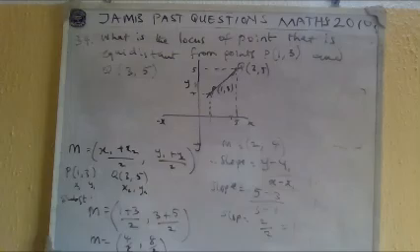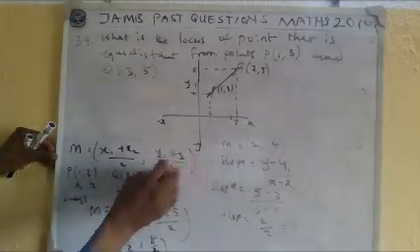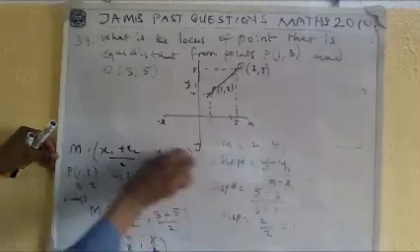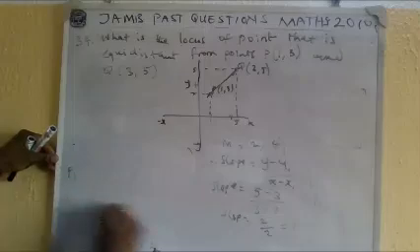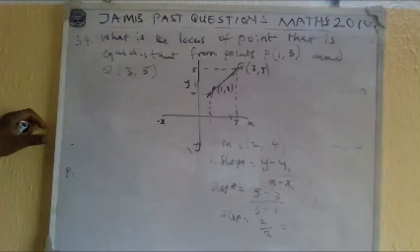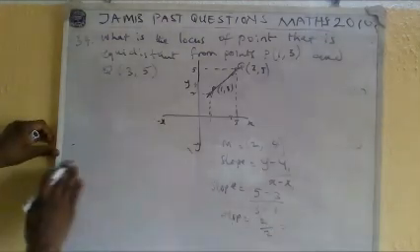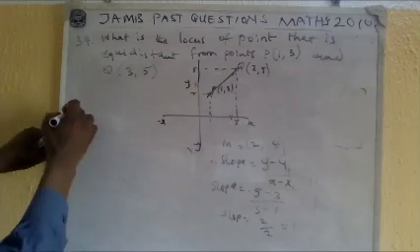Let us now find the equation of that line. So let me take this one off. My midpoint and my slope are here, so I don't need anything again. Take this one off. So if the slope is this one, that's the locus slope.